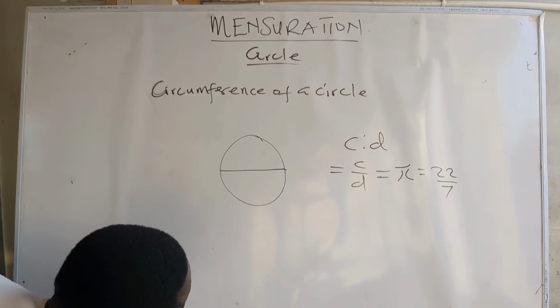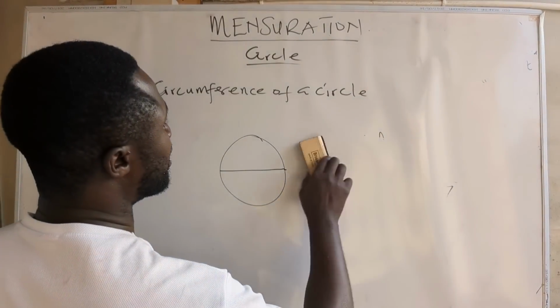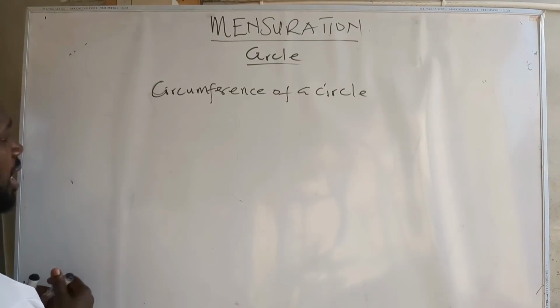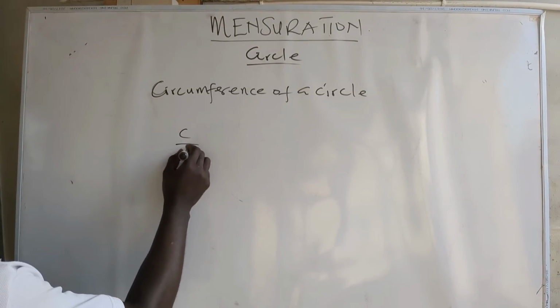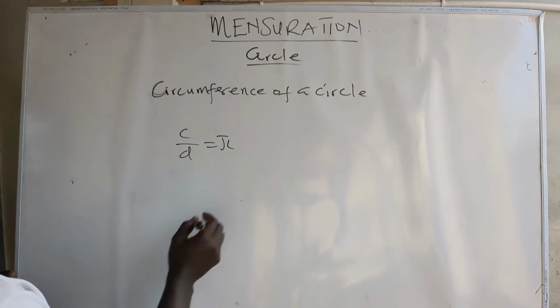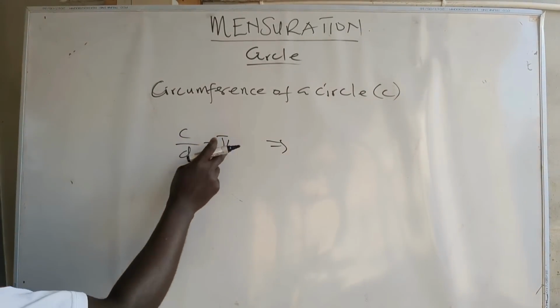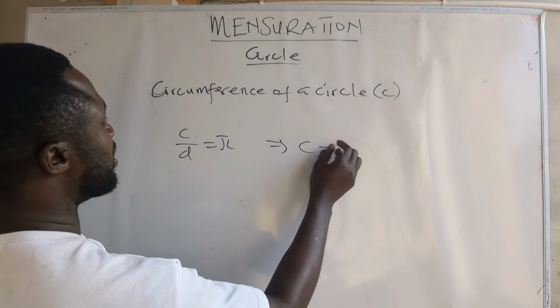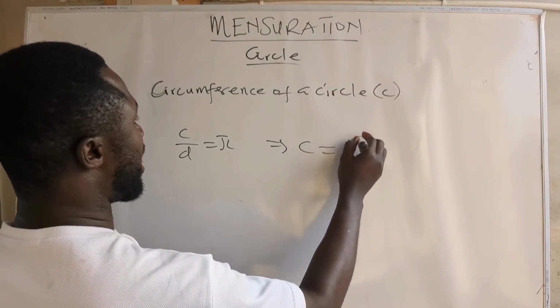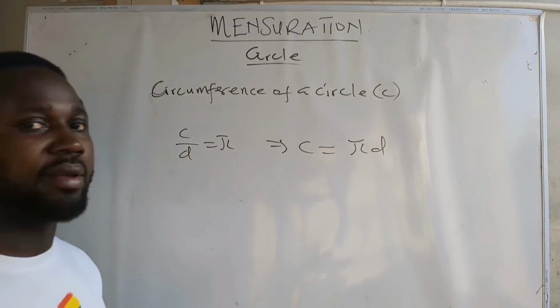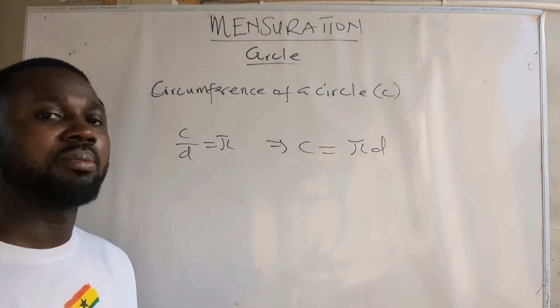All right, so let's come to the circumference. We said that the ratio of the circumference to the diameter is pi. So if my circumference is C, then C over d is pi. Therefore my circumference will be what? Pi d, where d is the diameter. So the circumference of the circle is pi d.